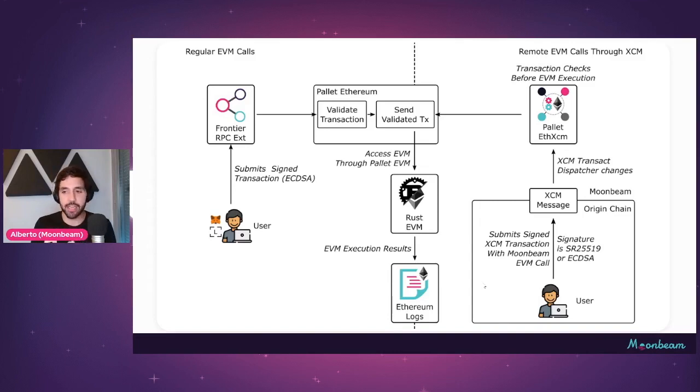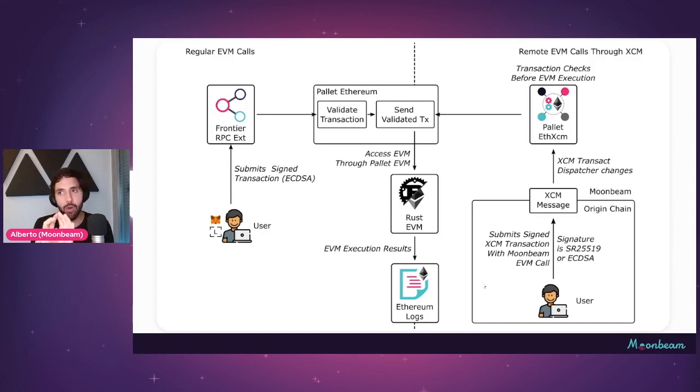But that XCM transaction has a Moonbeam EVM call inside of it, okay? And then through the XCM, we're going to use the XCM transact instruction, and that's going to change the origin. Remember that I said that the origin will change with the descend origin instruction. And so the Pallet Ethereum XCM is going to do some checks to ensure that everything checks out. But you're going to see some differences.